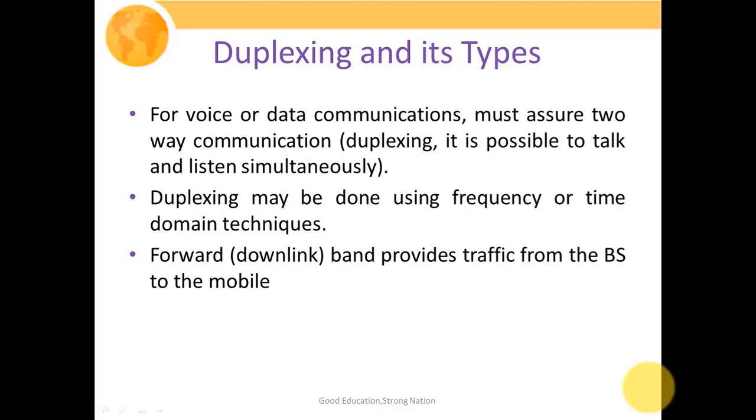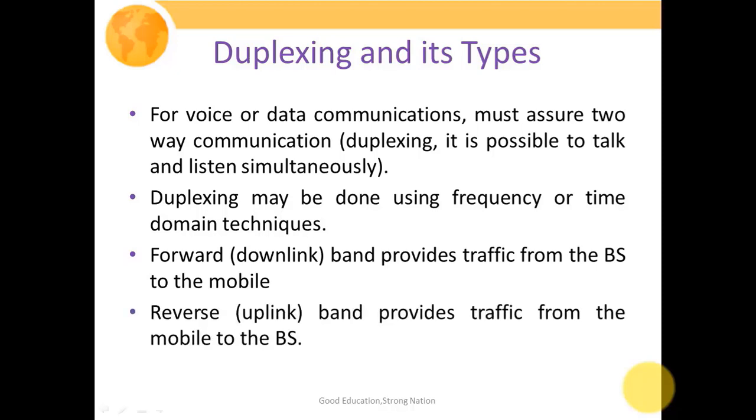The forward link can also be called the downlink, and the reverse link the uplink. When you are transmitting your signal from mobile station to base station, you are uplinking your signal, and when you are receiving the signal from the base station, that link is called the downlink. The reverse band provides the traffic from the mobile station to the base station.